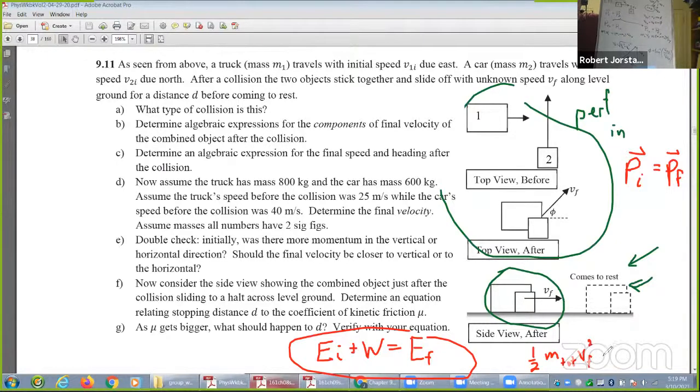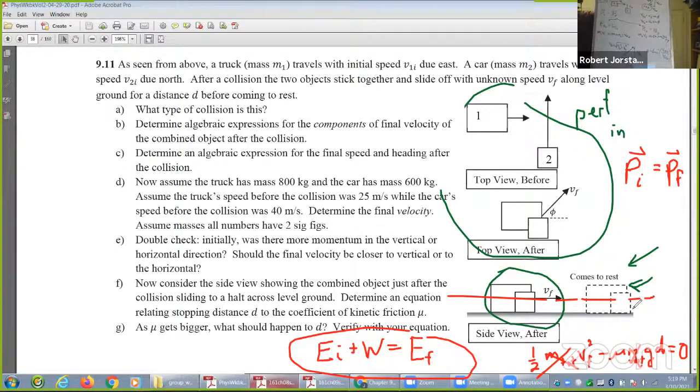The work done is minus mu m total g d, remember mgd, and the final energy is 0 if I put my reference level right in the middle. And so the mass total drops out. You could solve for this, and so on.